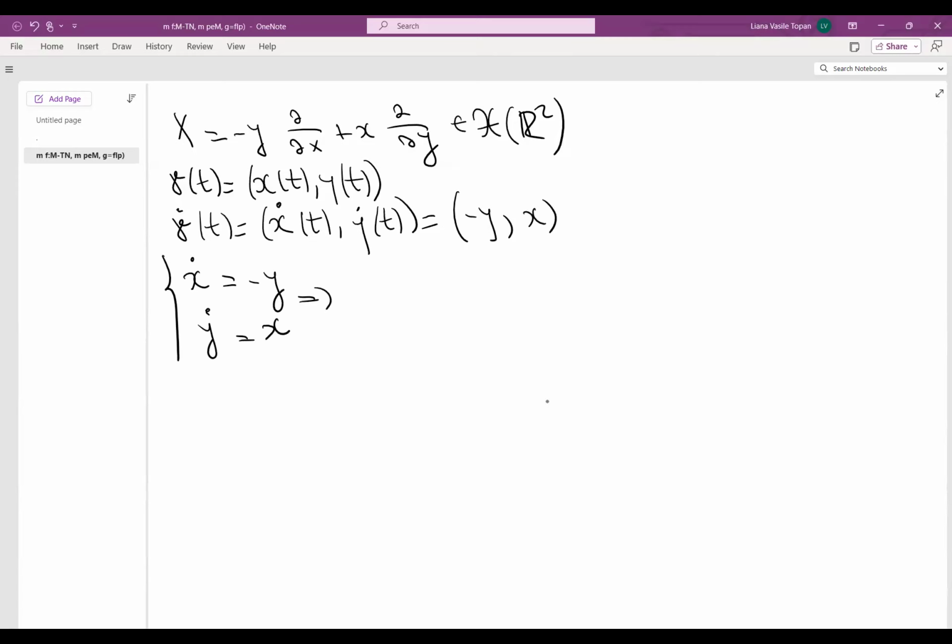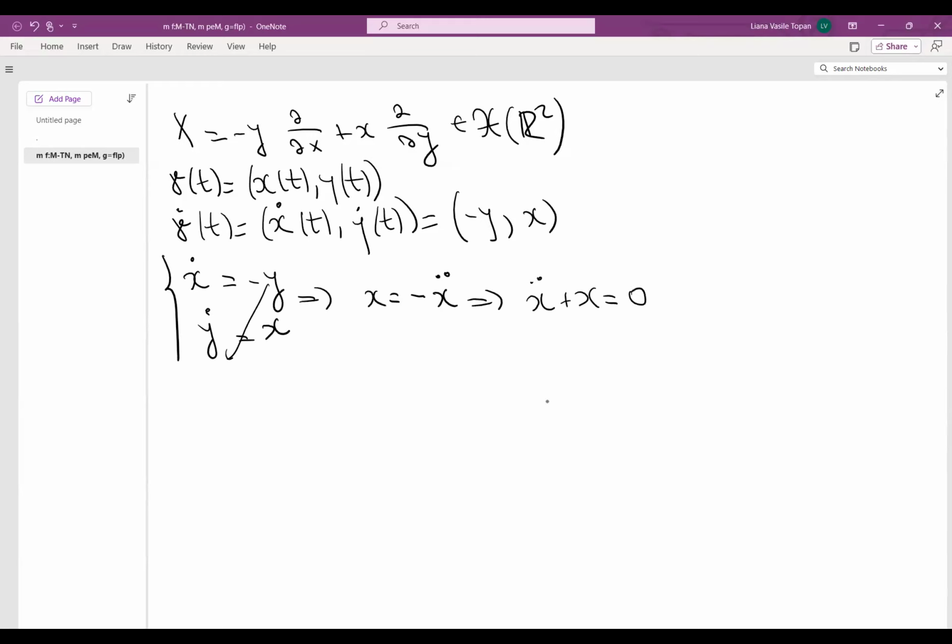I'm going to take this y and put it here. So I have x double dot equals negative x, which means x double dot plus x equals 0.